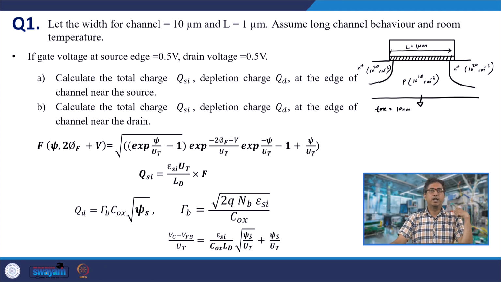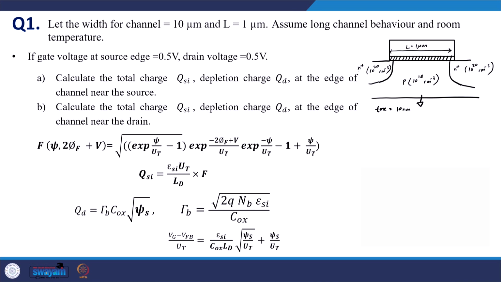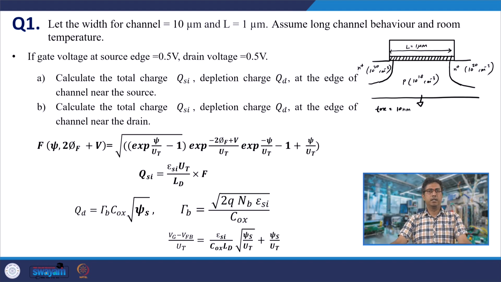Let the width of the channel be 10 micrometer, it is a long channel device, and the length be 1 micrometer, with long channel behavior at room temperature. What we would like to calculate, for the given source and drain voltages, is the total silicon charge Q silicon and the depletion charge, near the source edge and near the drain edge.